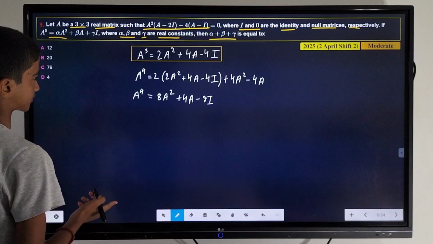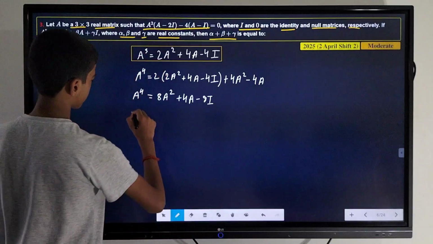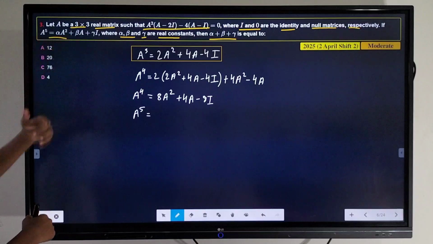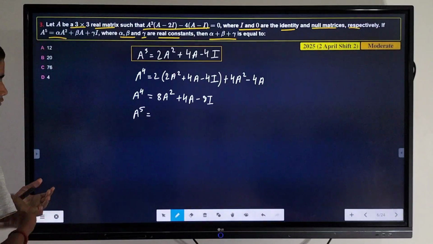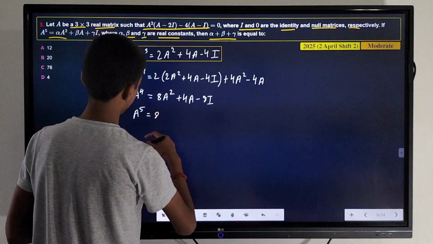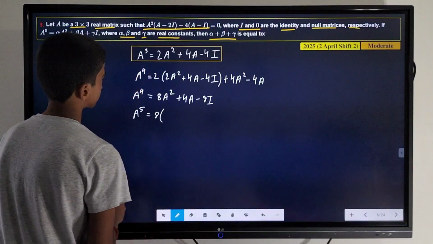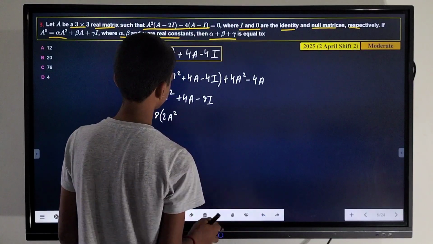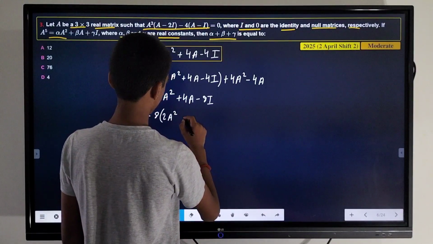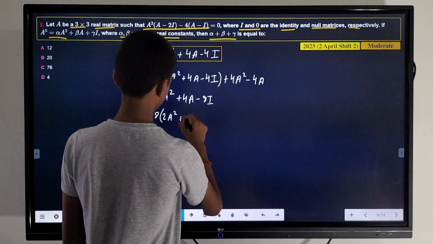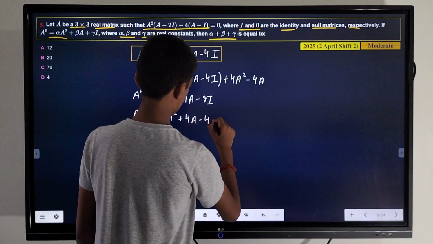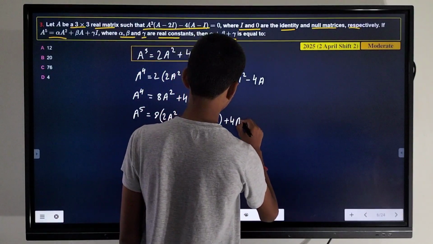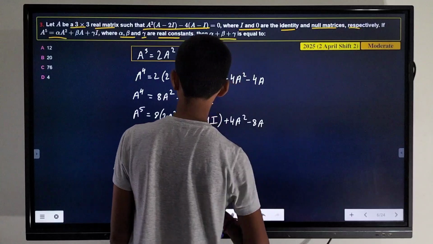Now again we will multiply both sides by A and use the above result. A raised to power 5, because we need the value of A raised to power 5. A raised to power 5 is equal to 8A cube. So again 2A square plus 4A minus 4I plus 4A square minus 8A.